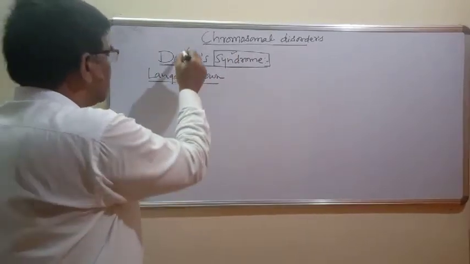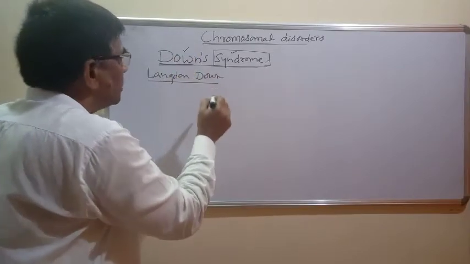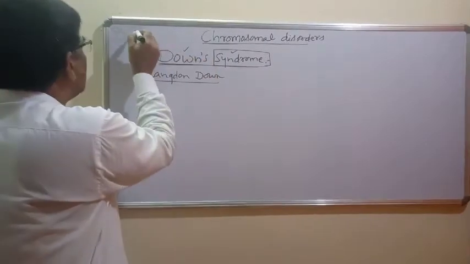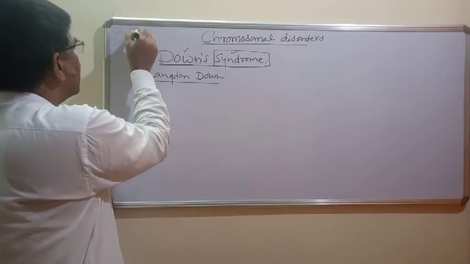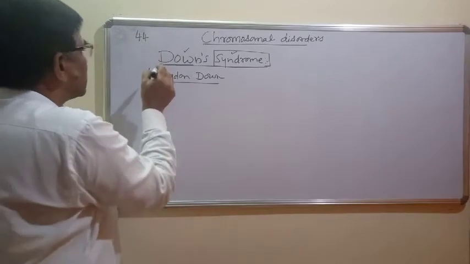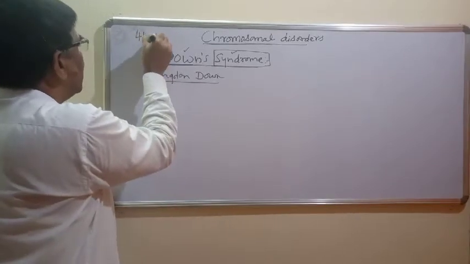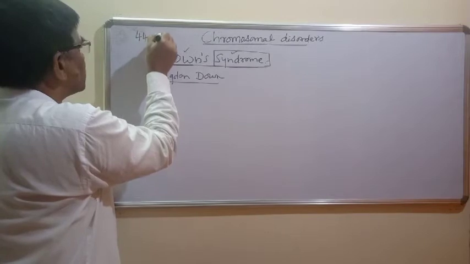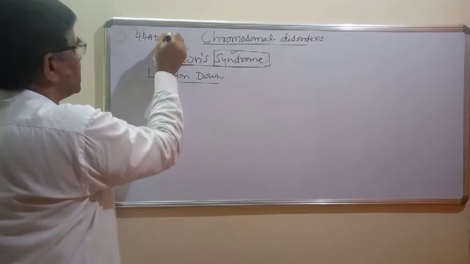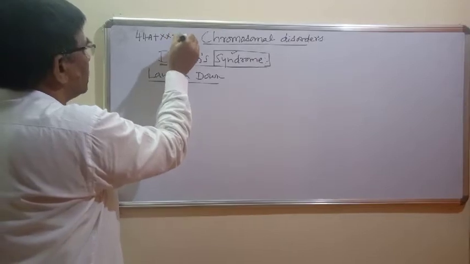Now here, very important is that you should understand the normal chromosomal complement. Generally we have 44 chromosomes, which are called autosomes. Along with autosomes, if it is a female individual, XX chromosomes are present, so it becomes 46.